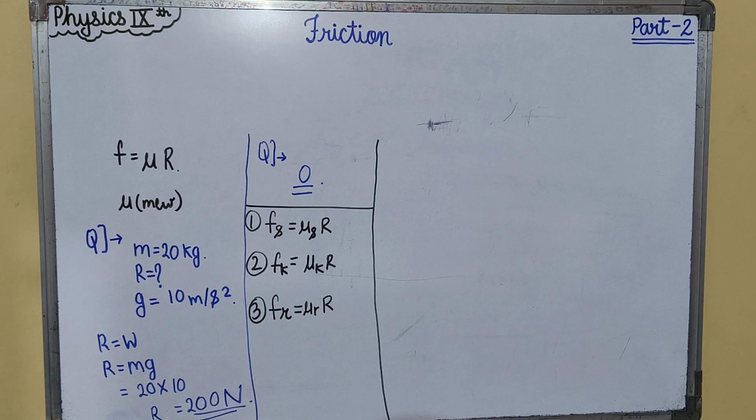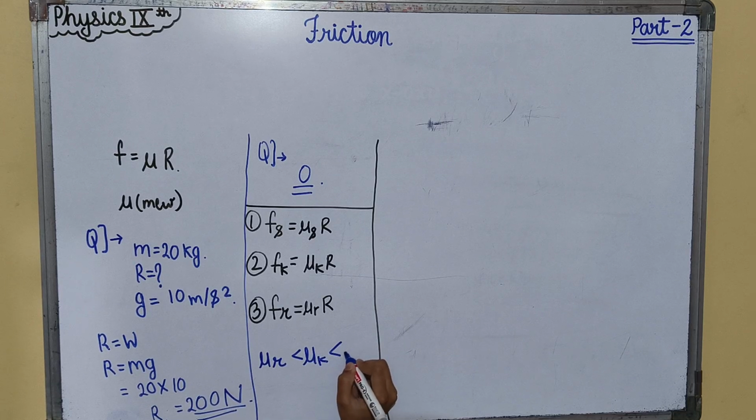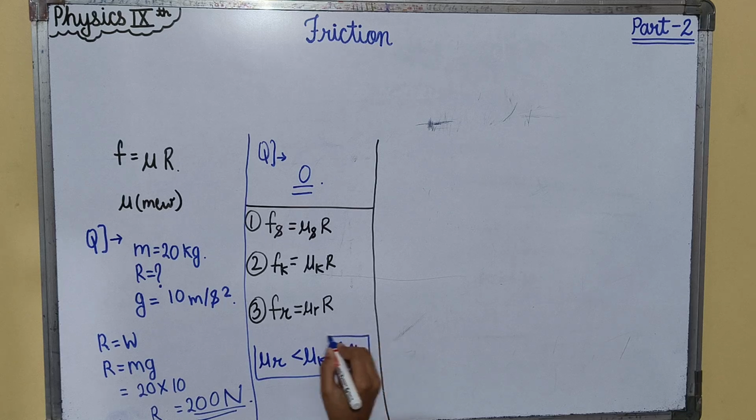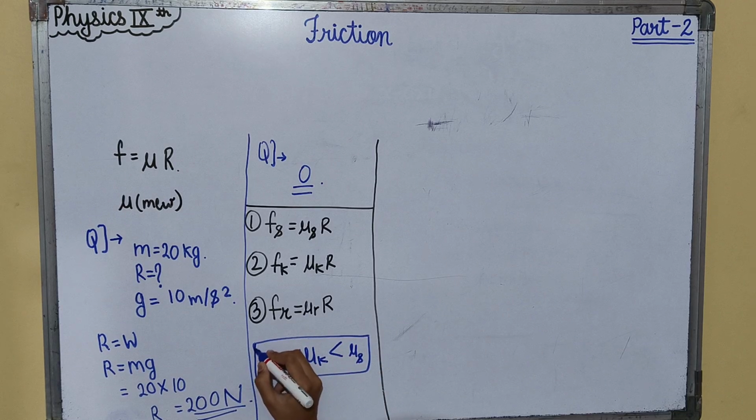And mu rolling is less than mu kinetic, and mu kinetic is less than mu static. The greatest is mu static, as we have studied in the graph which we saw in part 1.